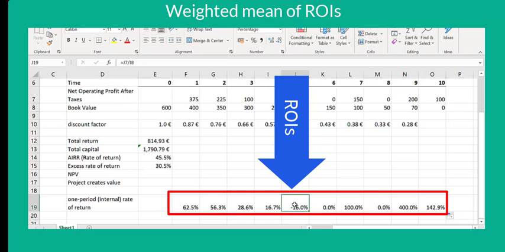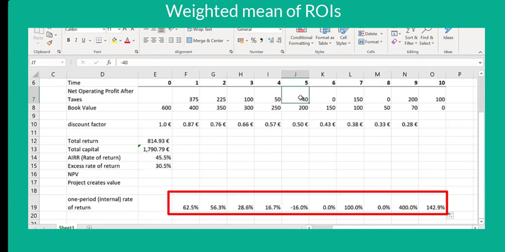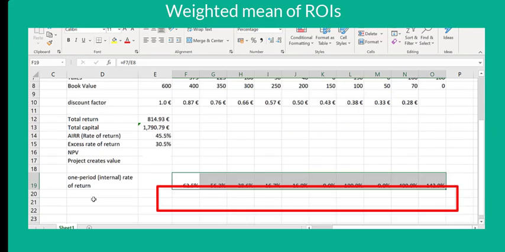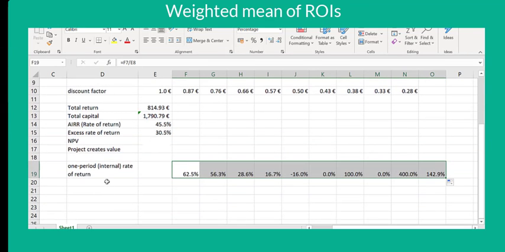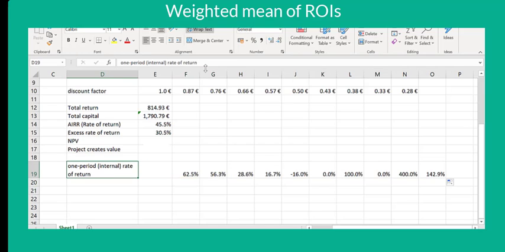Note that in year 5 the rate of return is negative because the profit is minus 40 and the invested capital is 250. Now these rates of return are what are usually called return on investment.